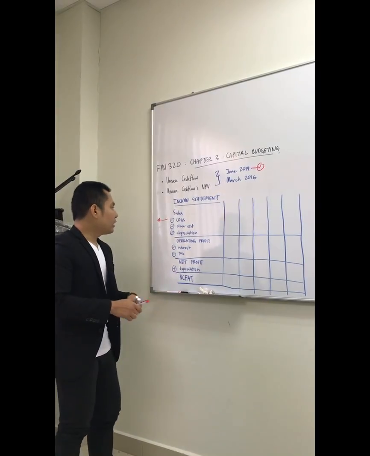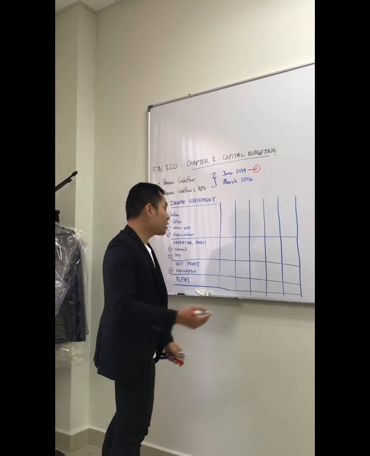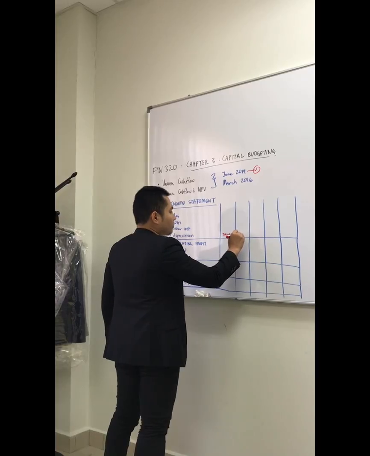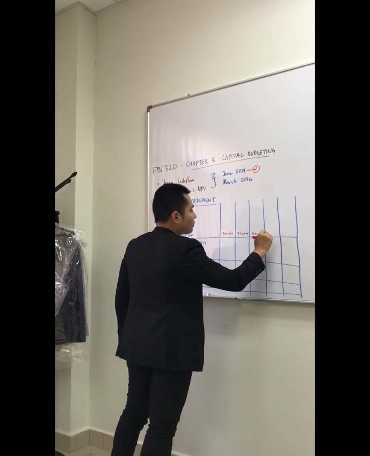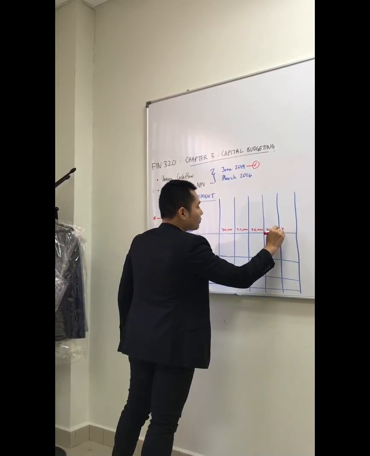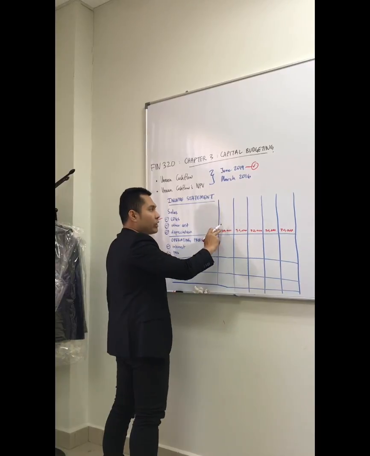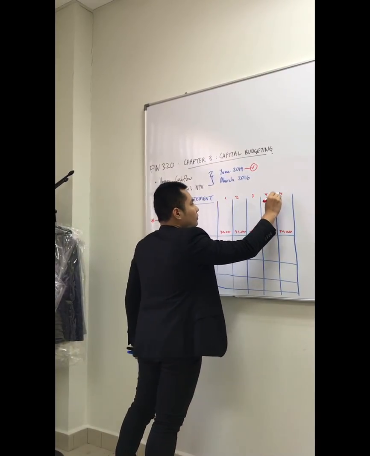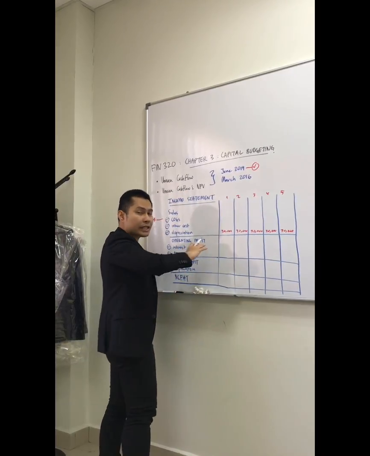So when the depreciation is consistent, let's say the depreciation is 30,000 from year 1 until year 5, 30,000. Now, this is the SLM method.